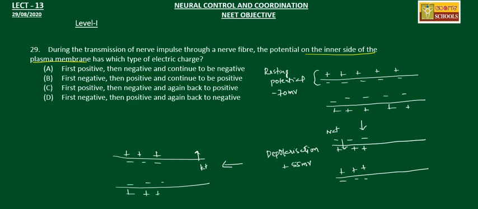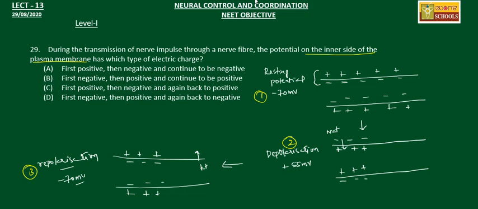This we call repolarization, coming back to the same minus 70 millivolts. You can see in the resting potential we have negative charge inside, and during depolarization it has become positive. So this is first, this is second and this is the third one.